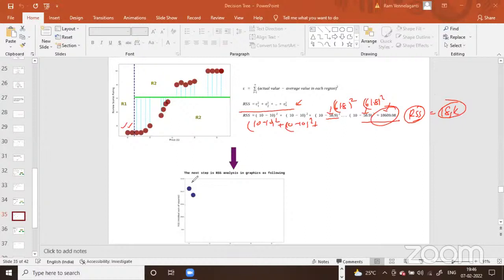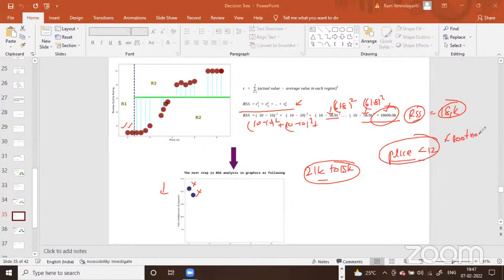So what have you done? You are able to minimize your residual sum of squares from 21,000 to 18,000. So which is a better root node now? Price less than 12 is a better root compared to price less than 11. That is the idea. So again, continue to proceed in the same direction.